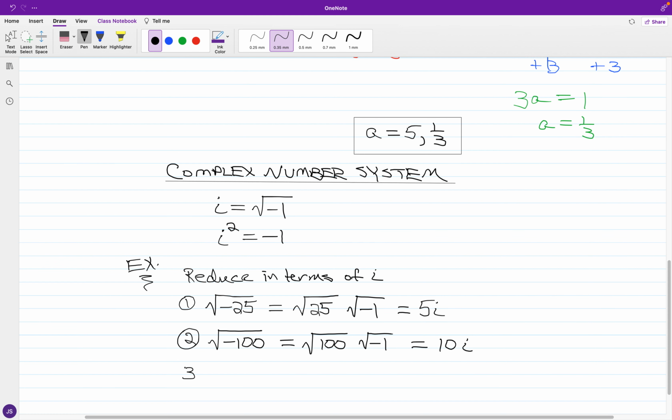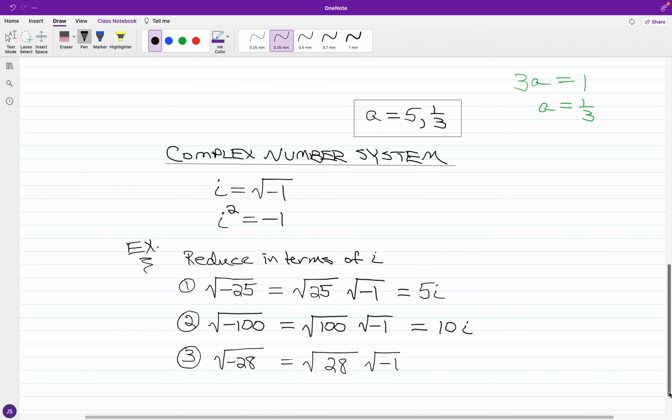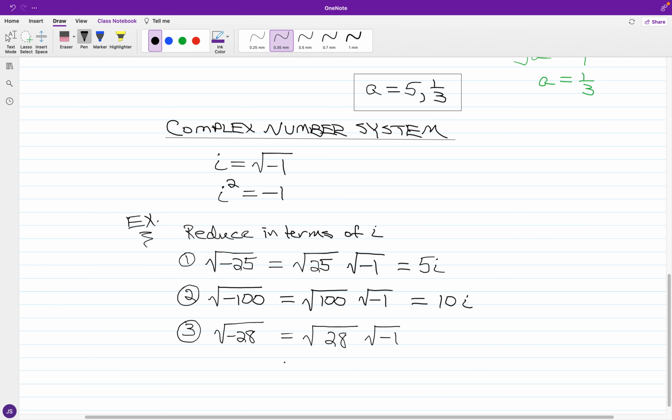All right, now let's say you have an expression that is not a perfect square, and we'll say that we have something like the square root of negative 28. So you have the square root of 28 times the square root of negative 1. Now just work down.